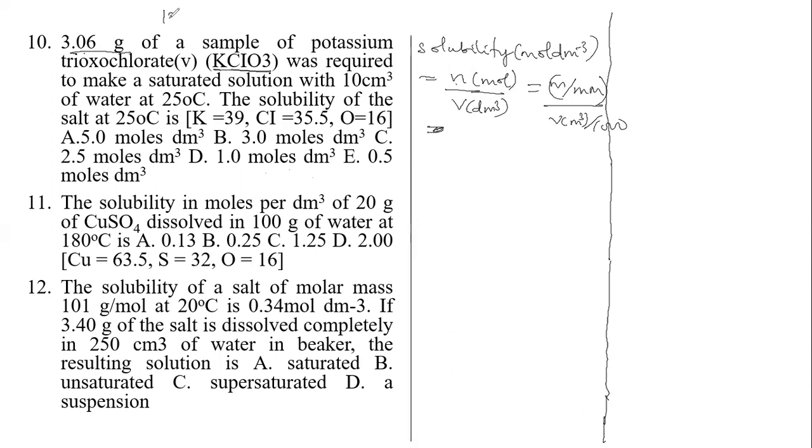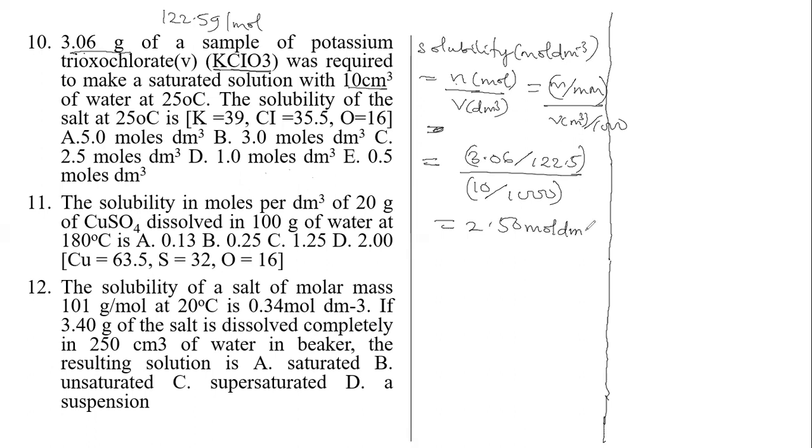You do that, and that's going to give you 122.5 gram per mole. Now the volume in cm cube is 10. So let's put everything in there: 3.06 gram divided by 122.5 gram per mole, divided by 10 all over 1000. You can press everything into the calculator, and that's going to give you 2.50 mole per dm cube. See how simple it is now.